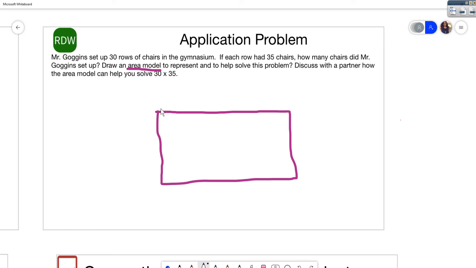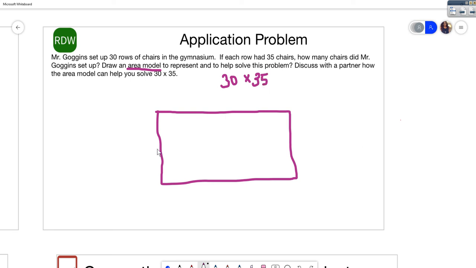So that's like saying, hmm, row 1 would have 35, row 10 would have 35, row 15 would have 35. Well, if we were to add all of that, that would be really long to add. So let's make this shorter and use repeated addition, or the quicker way to do that, which is multiplication. Our multiplication sentence would be 30 times 35.